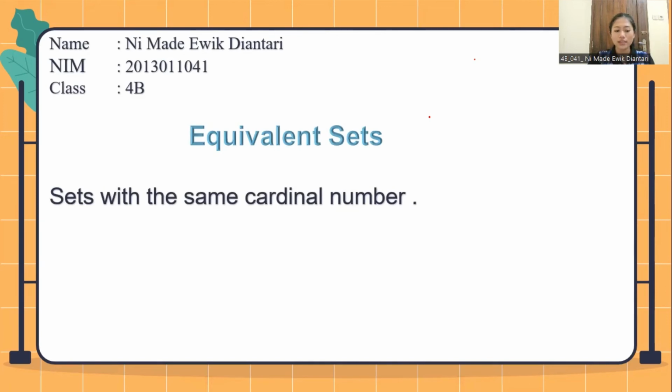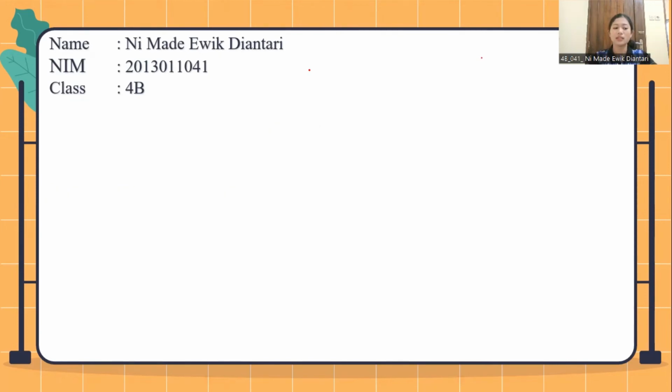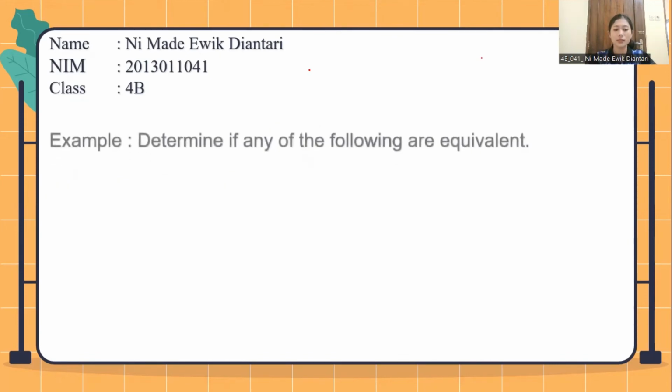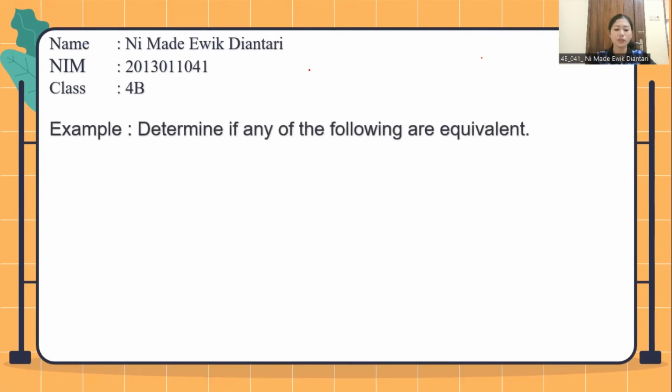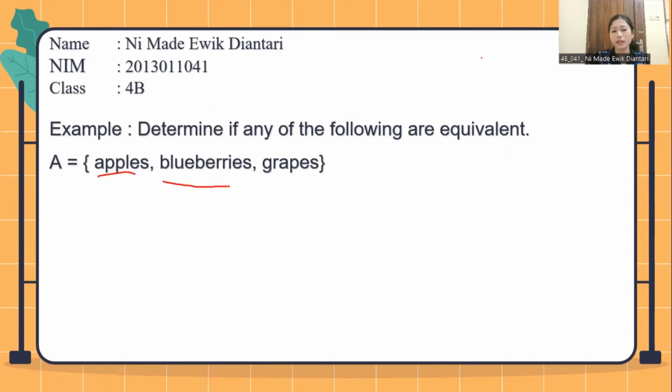So equivalent sets just have to have the same cardinal number. Let's look at an example. We're going to determine if any of the following are equivalent.